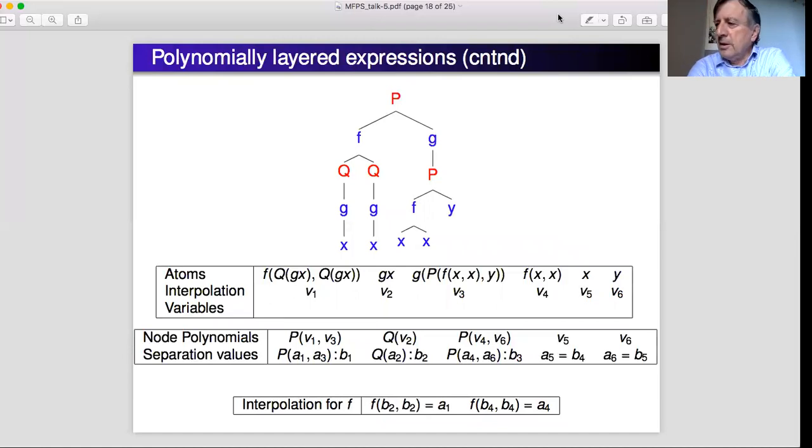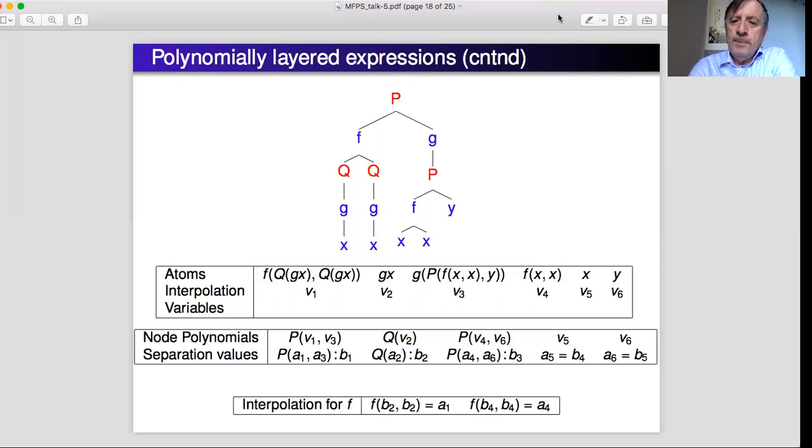This is just a scheme for doing that, which shows you in more detail the kinds of things you have to do. First of all, you look at all the atomic expressions. Those are the ones which are just applications of functions, f of q of gx, and so on. We include the variables. These are going to become, as it were, variables for interpolation, so we call them interpolation variables. So we assign new variables to each of these, v1, v2, and so forth.